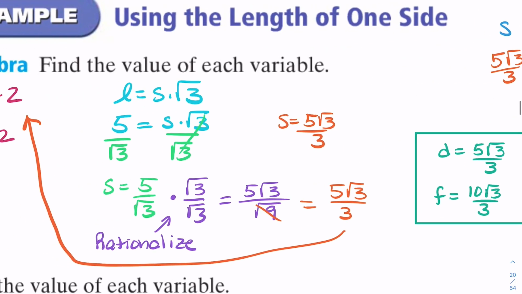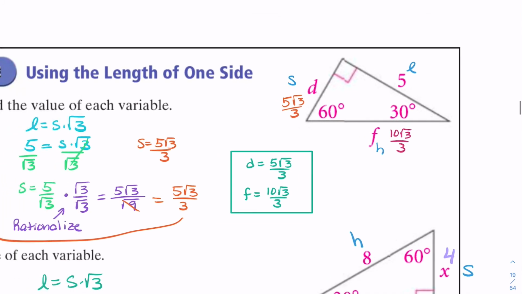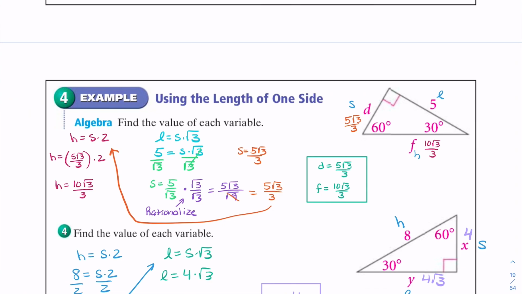That is because you have 5 square roots of 3 over 3, doubled it is 10 square roots of 3 over 3. But 5 square roots of 3 over 3 times the square root of 3 gets you 5, right? Think about that. 3 times 3 is 9, square root of 9 is 3, 3 divided by 3 is 1, so you're left just with the 5. That does prove that it would work.